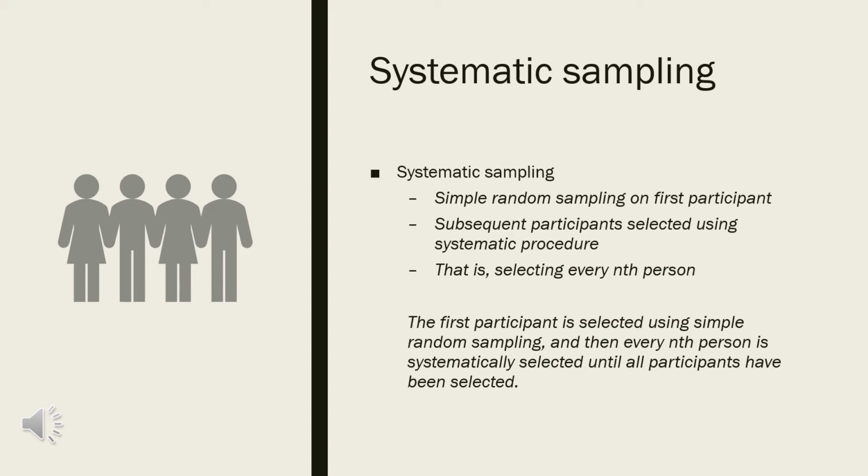An advantage of this methodology includes eliminating the phenomenon of clustered selection and the low probability of contaminating data. Disadvantages include over or underrepresentation of particular patterns, and there's a greater risk of data manipulation. It's popular with researchers and analysts because of its simplicity.